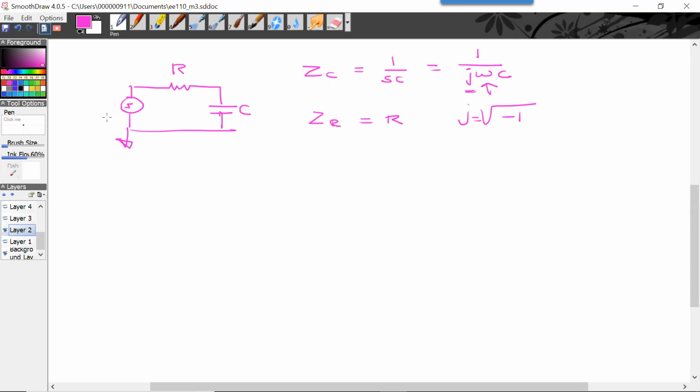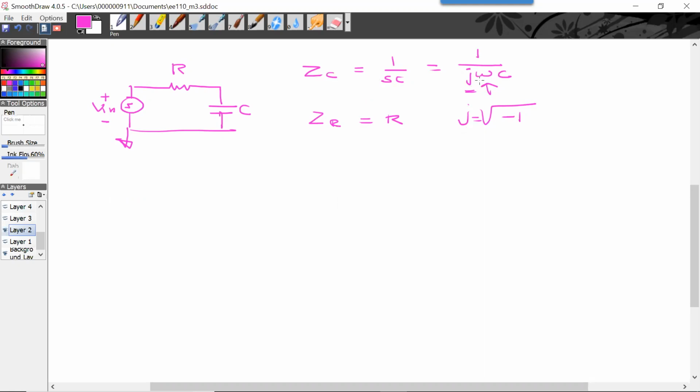And I'm just going to call this Vin. Now, what you might not realize is that we've taken the Laplace transform of the time domain representations here. And now this is actually a Laplace transform, or you can go through the phasors.